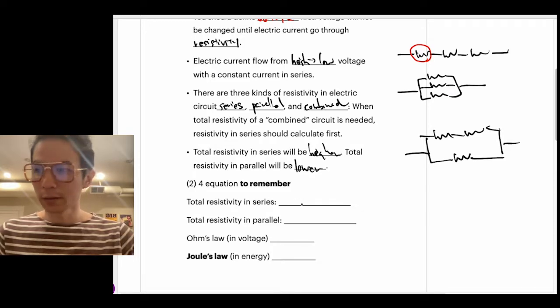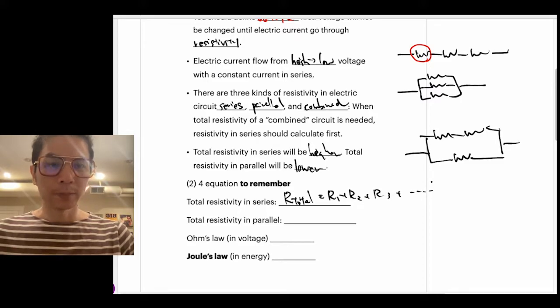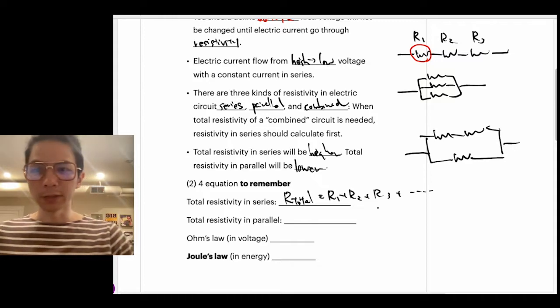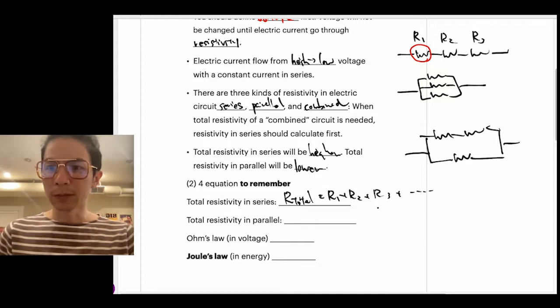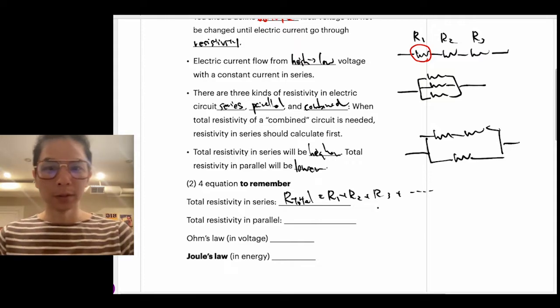Let's call the total resistivity R total, which equals R1 plus R2 plus R3 and so on. If you see resistivity in series, the total resistivity can be calculated by simple addition.